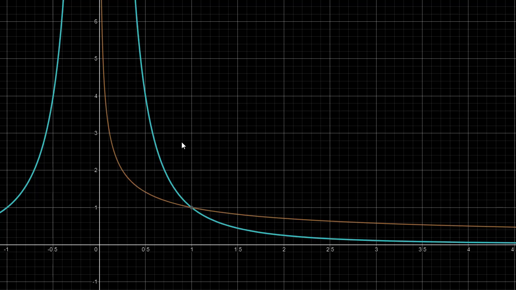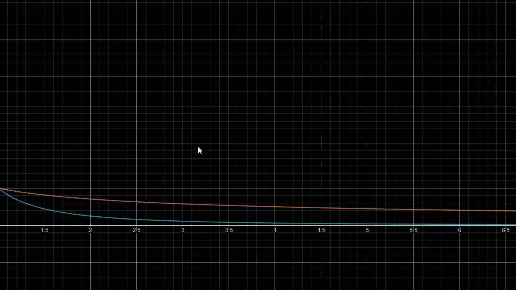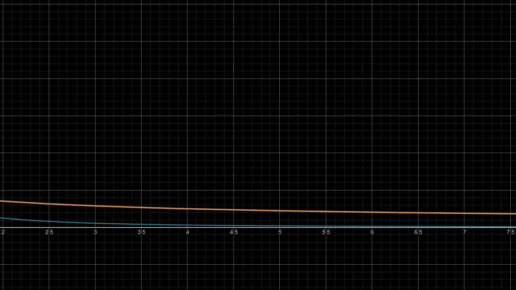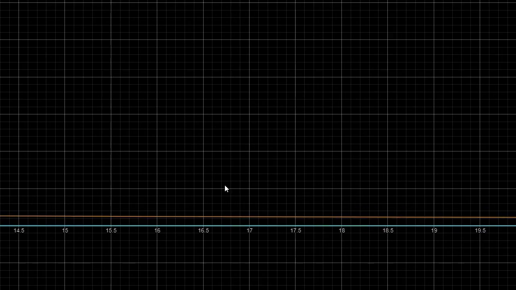And you see, though it didn't blow up, it didn't get close enough to the y-axis over here when we were looking at it from 0 to 1. If we looked at it from 1 to infinity, it jumps down to 0, the x-axis, really fast, while in orange, the 1 over square root of x has the opposite behavior as we let x increase.